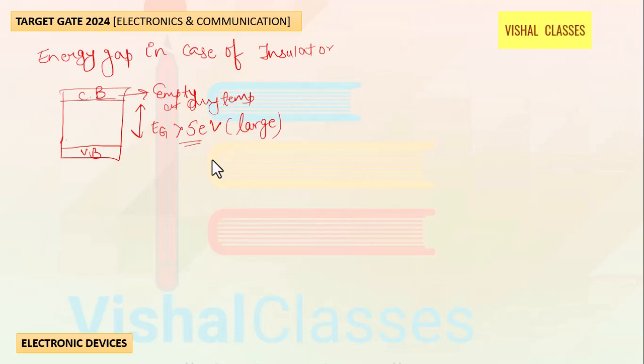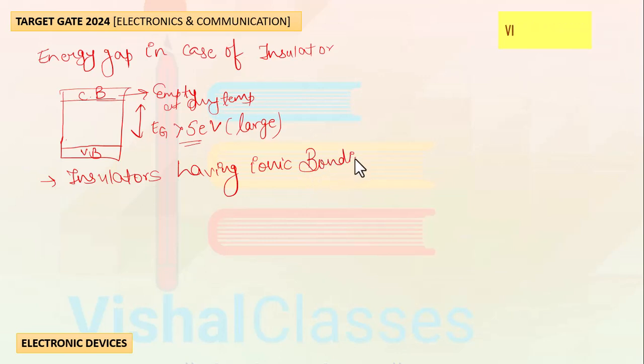As we have seen, semiconductors have covalent bonding, while insulators have ionic bonding. Also, one more point: insulators are bad conductors, not like metals.